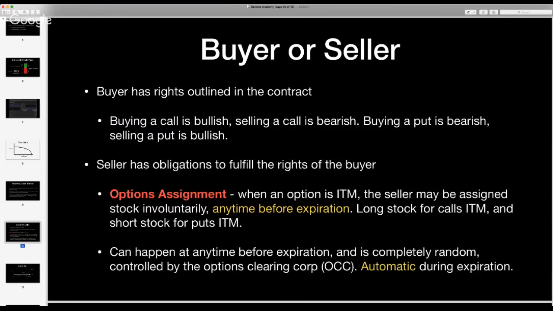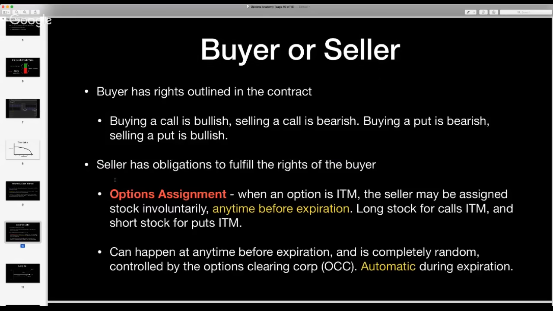And again, like I said, seller has obligations to fulfill the rights of the buyer. And because of that, the buyer kind of has control over when they buy or get out of or sell that option. The seller only has control when they first sell it.